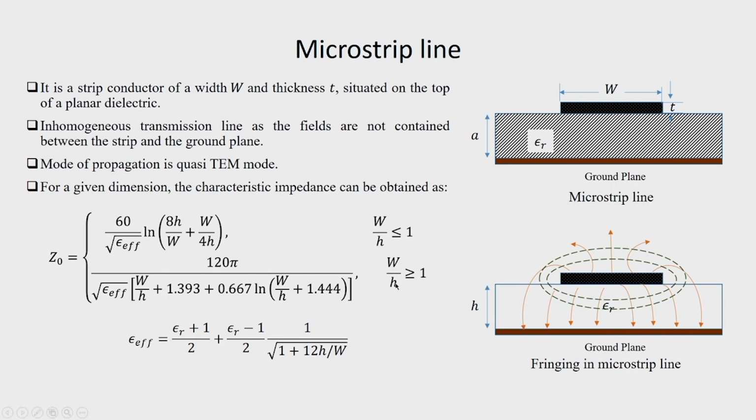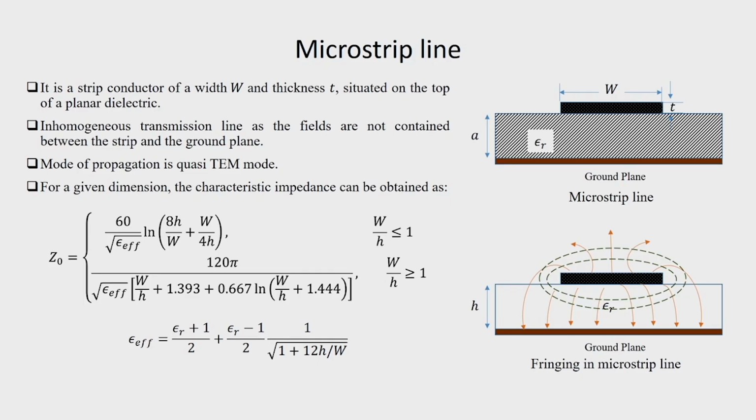whereas when w by h is greater than 1, then Z naught is equal to 120 pi by root epsilon effective times w by h plus 1.393 plus 0.667 ln of w by h plus 1.444, where this epsilon effective depends upon epsilon r and h by w.